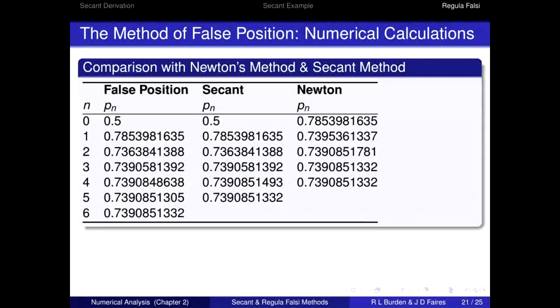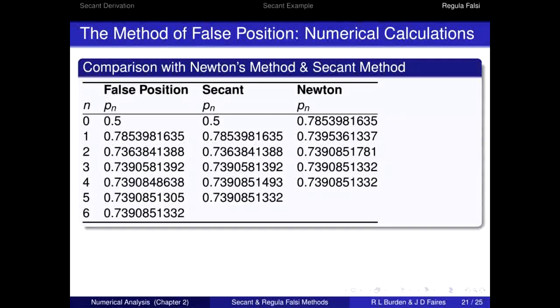But in comparison, because it contains almost 9 decimal places, that shows the difference: although false position takes somewhat 2 to 3 more iterations than the Newton or secant method, it is still a fast convergent method compared to the bisection method.